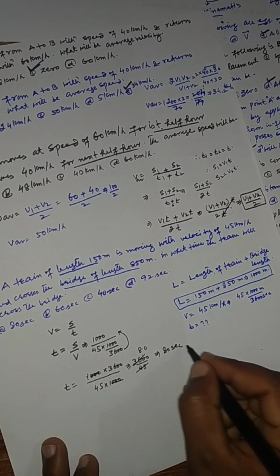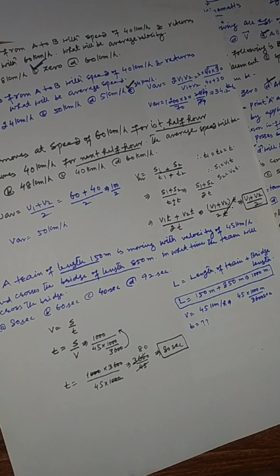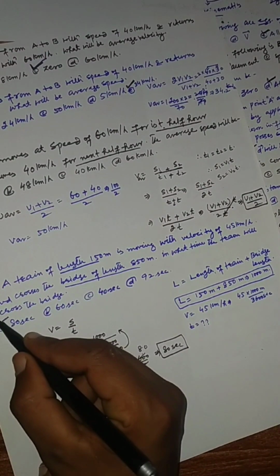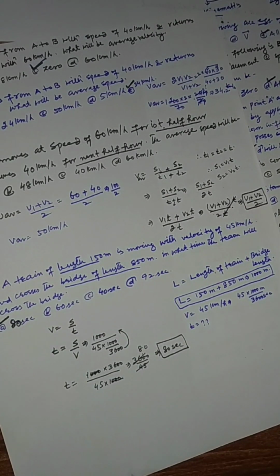So the train of length 150 meter will cross the bridge of length 850 meter in how much time? 80 seconds. So the correct answer is 80 seconds. Okay.